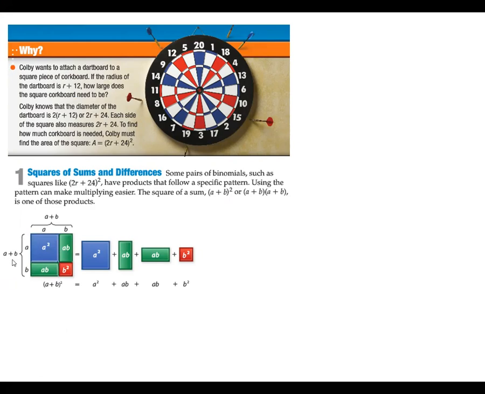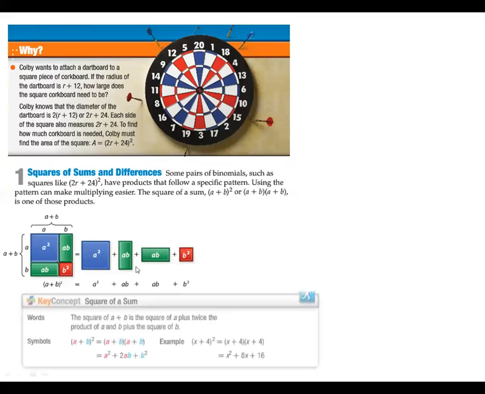So you can see, right from looking at it, that you get an a squared, two terms of a times b, and a b squared. So for the square of a sum, you can use the FOIL method, okay? It's not wrong to use FOIL, but this is just a special product, the square of a sum, that you can do in this manner.